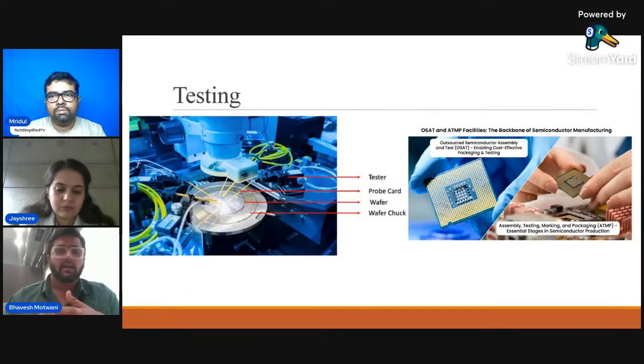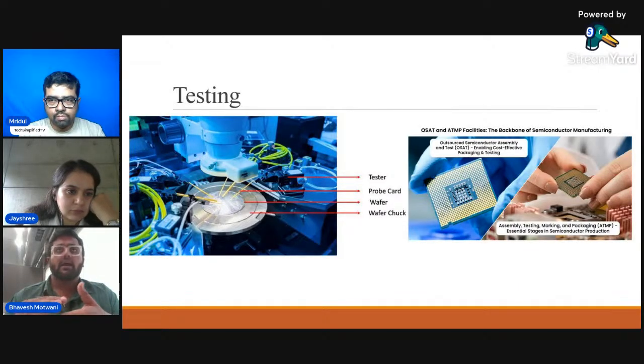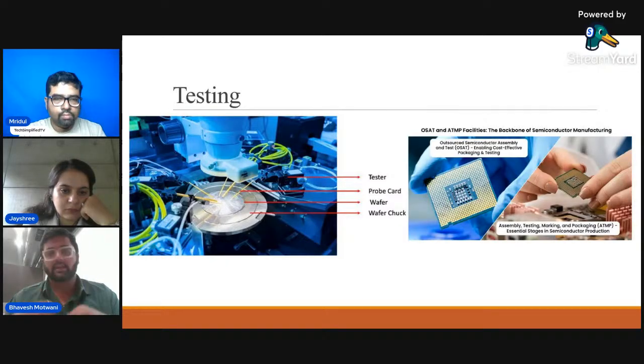While doing the die attach, wire bonding, the flip chip processes, simulations, we need to understand whether whatever process we have done is matching the parameters we want exactly.